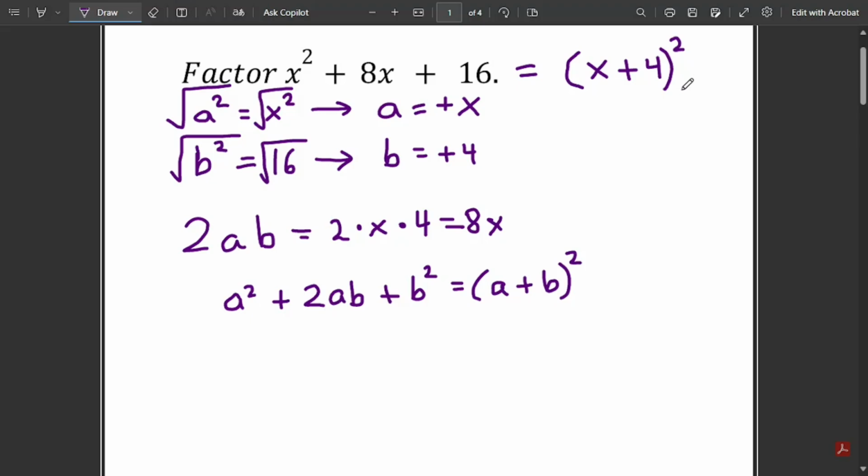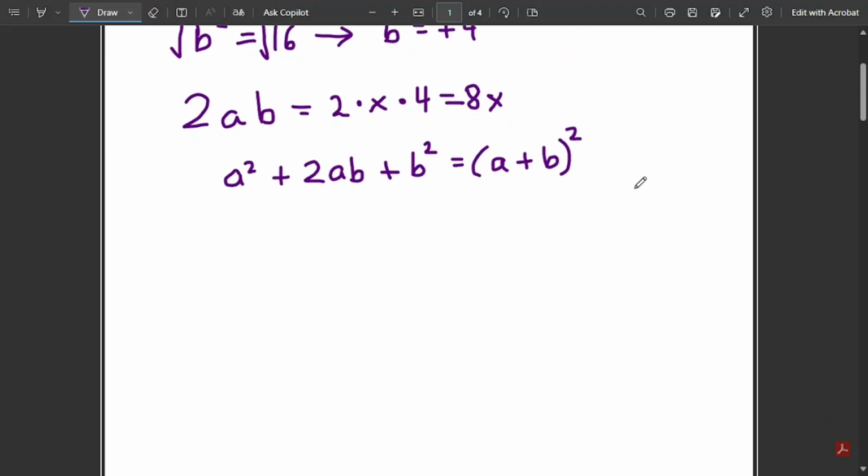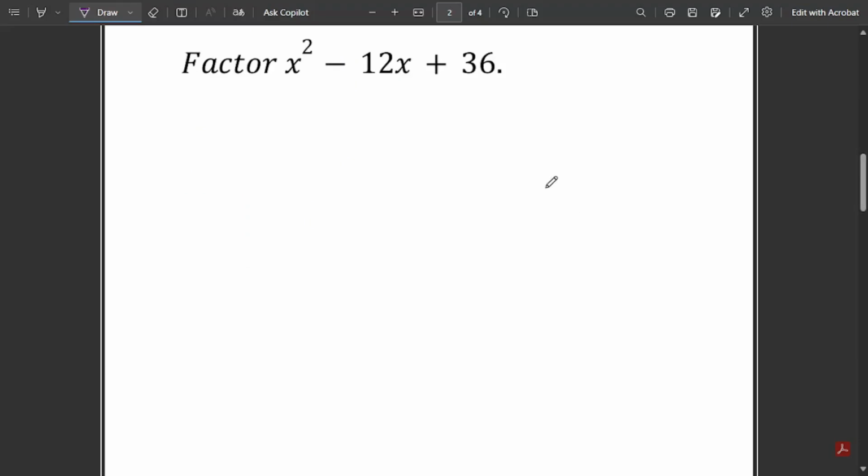Okay, let's try a few more examples like this to see if we can identify perfect square trinomials a bit quicker and how to go through the formula. Practice makes perfect, of course. Okay, in this next example, we have x squared minus 12x plus 36. So a squared is going to equal x squared.